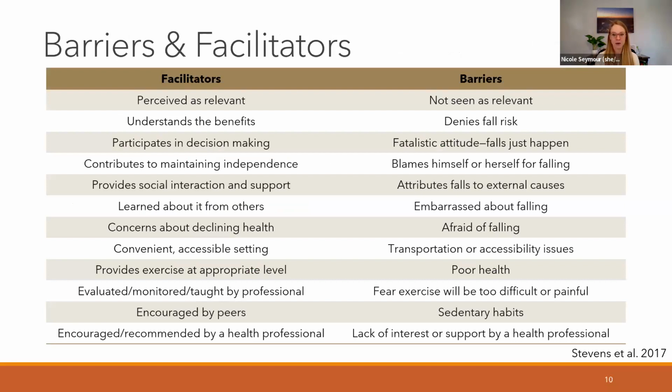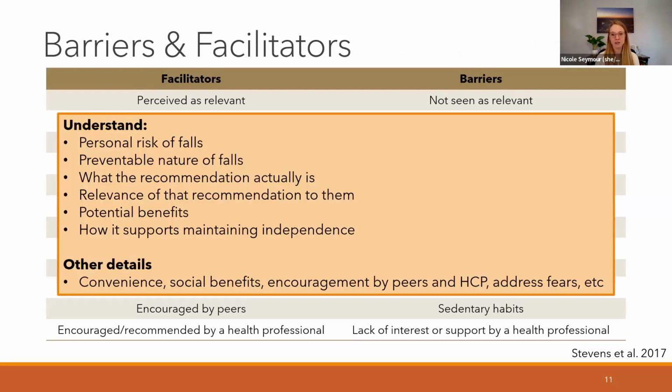Much of these come down to ensuring patients understand their risk of falls and that falls are preventable, what the intervention actually is, how it's relevant to them, and the potential benefits to the recommendation, especially how it maintains their independence.